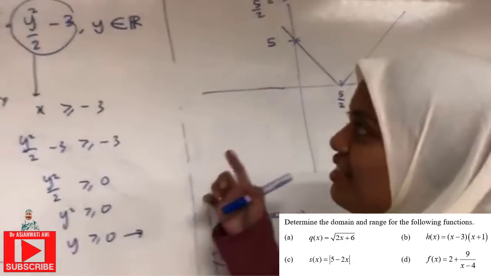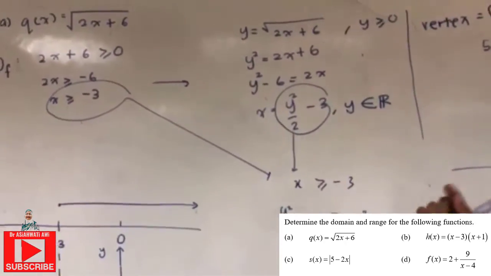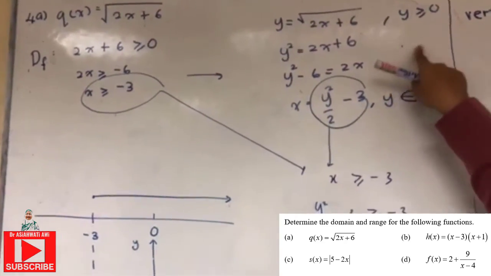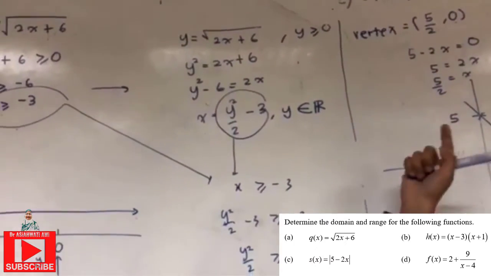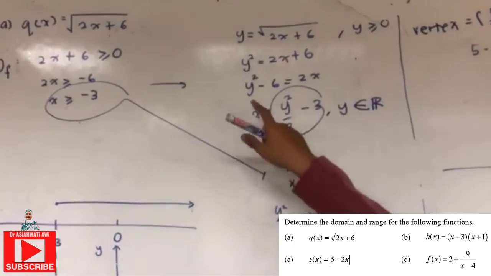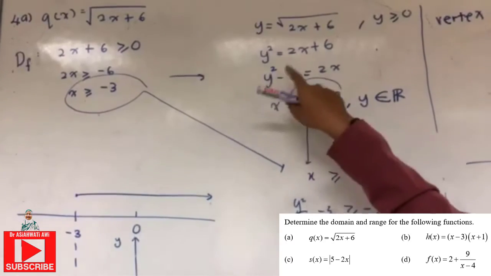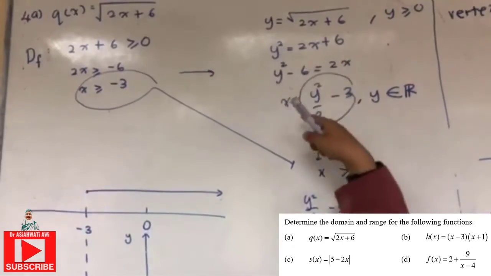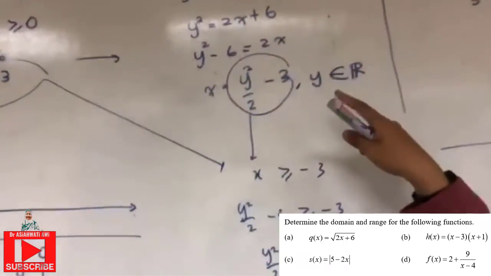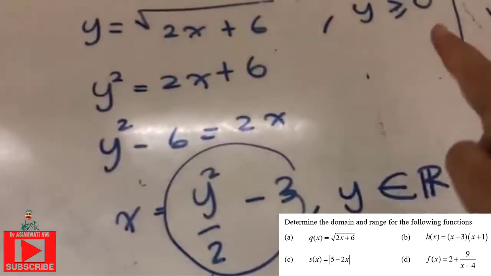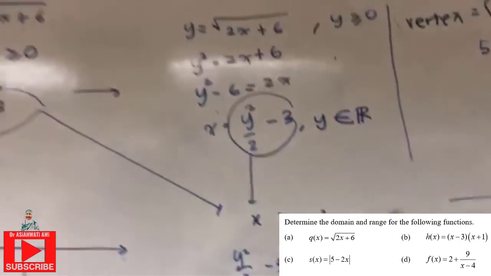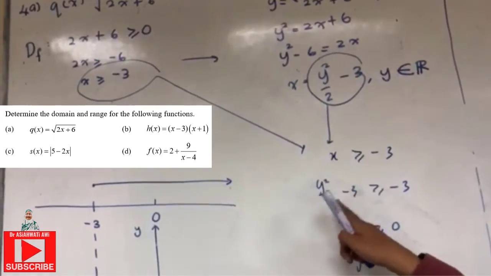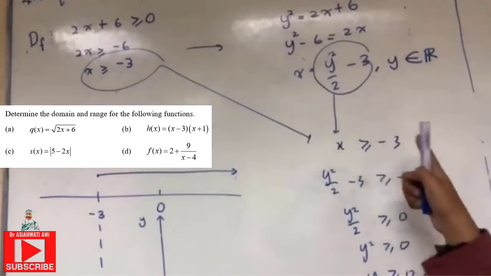Untuk cari range, kita tahu yang set punya graph is always more than 0. So kita kena jadikan X ni sebagai subjek. Ataupun kita samakan, kita dah dapat yang ni, kita samakan Y squared over 2 minus 3 samakan dengan yang X tadi.